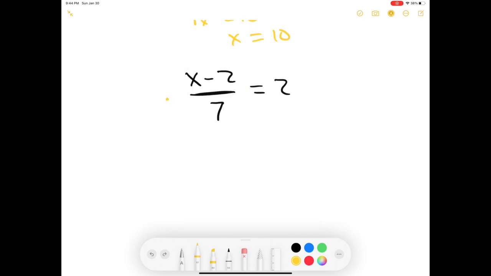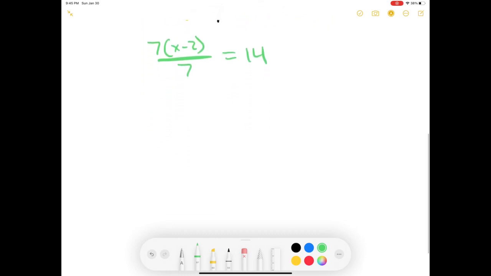So let's see here, 7 times x minus 2 divided by 7 equals 2 times 7. So what I get is 7 times x minus 2 over 7 equals 14.